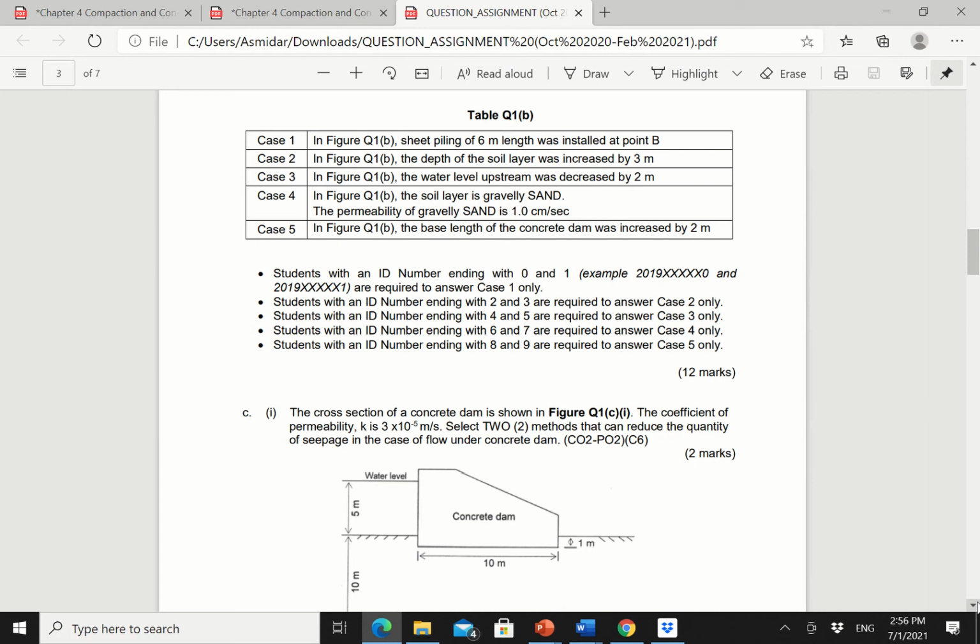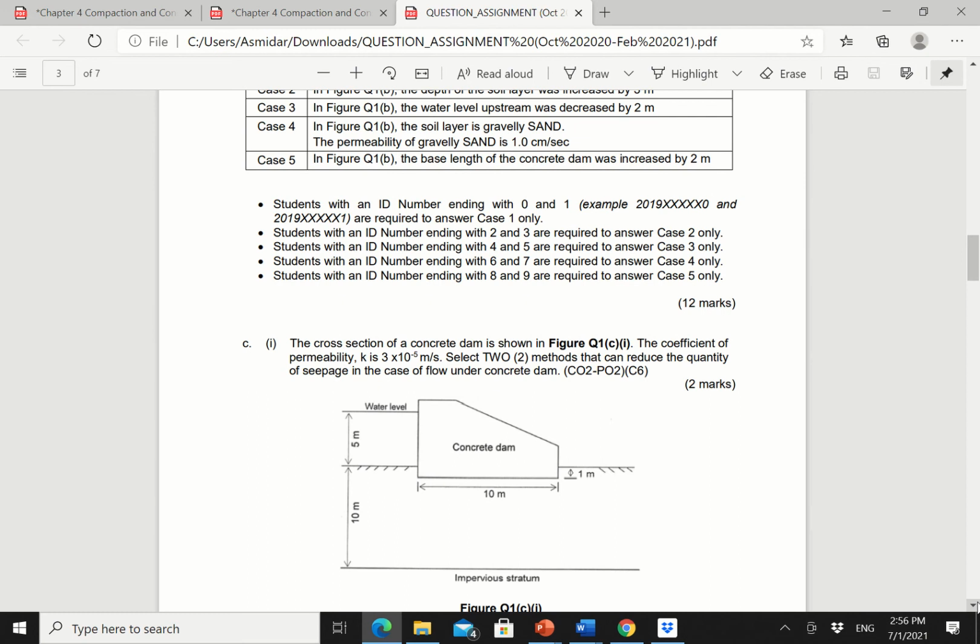If your ID number ends with 4 and 5, your case is case number 3. For ID numbers ending with 6 and 7, your case is case number 4, and students with an ID number ending with 8 and 9 are required to answer case 5 only. That one will give you 12 marks.